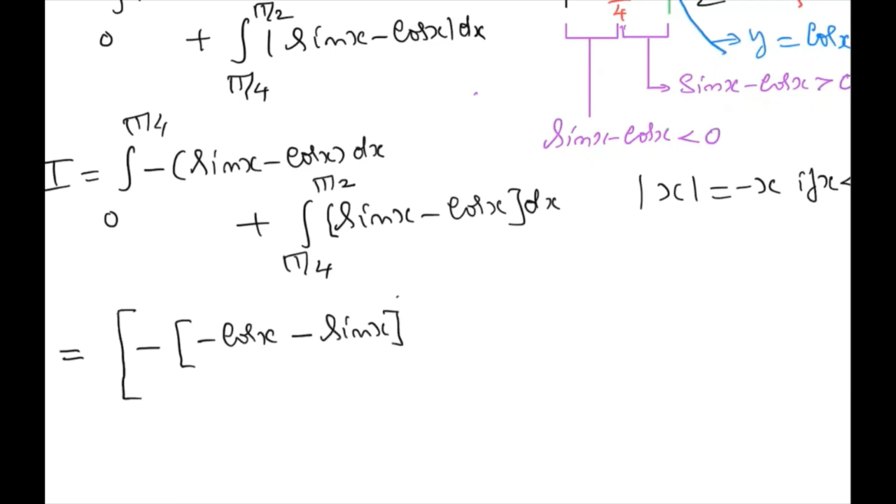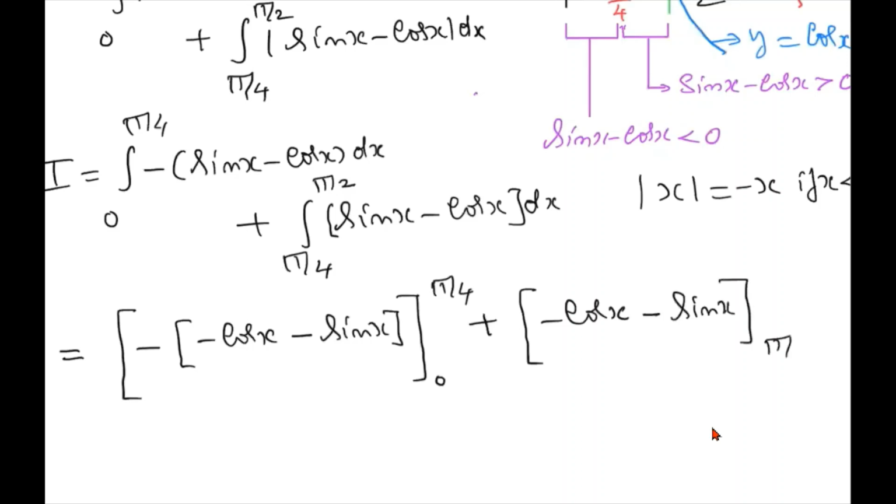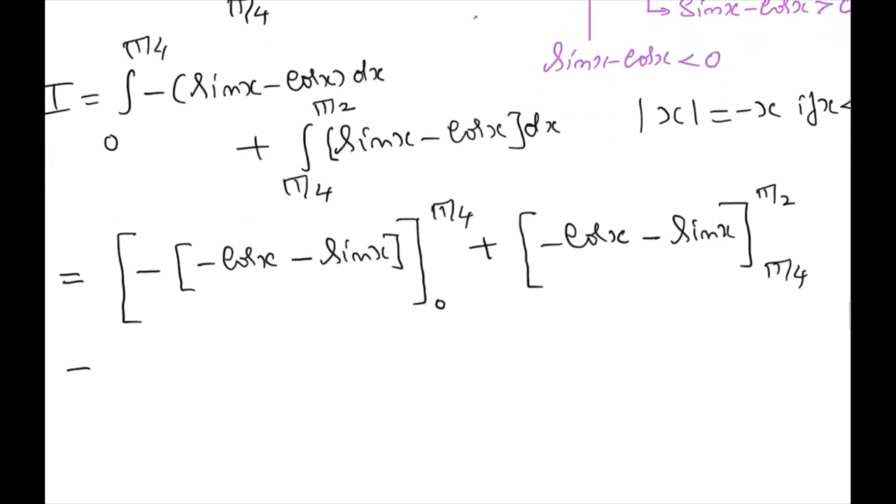So the limits between 0 and pi by 4, plus integral of sin x is minus cos x, minus integral of cos x is sin x, between pi by 4 and pi by 2. Here minus of minus becomes plus.